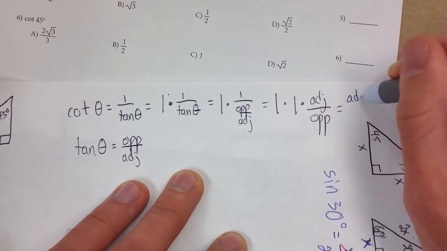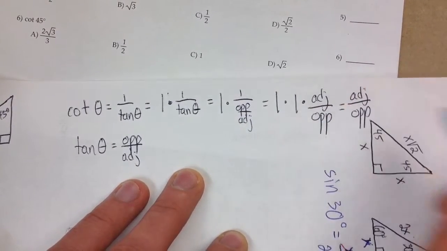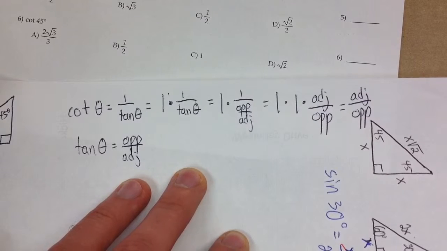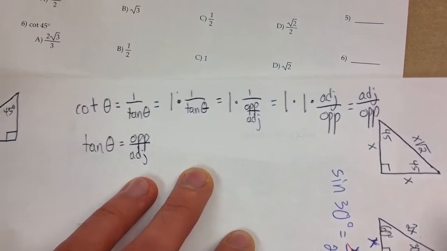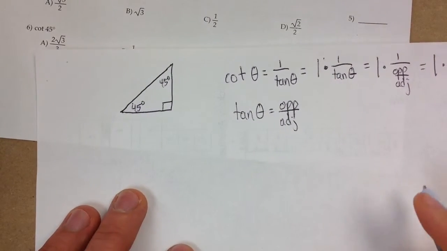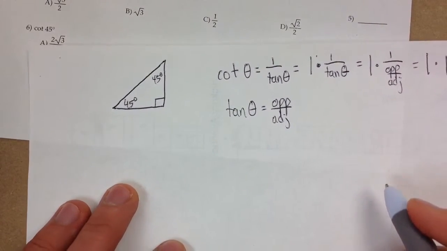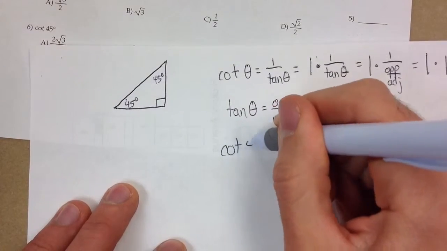So it's adjacent over opposite. But I wouldn't do all that work. Just memorize that when you're taking the reciprocal, just flip the fraction. Okay? So, please continue. We're trying to find the cotangent of 45 degrees.